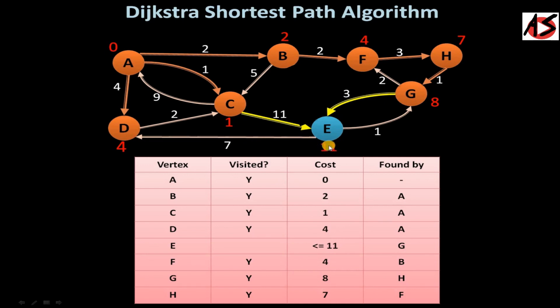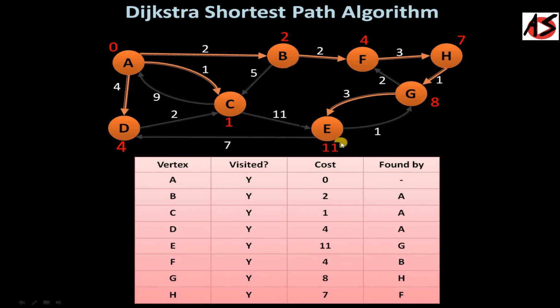So here you are selecting the shortest path of E from G, not from C here. So we can mark E as visited, and that is simply found by G node here.